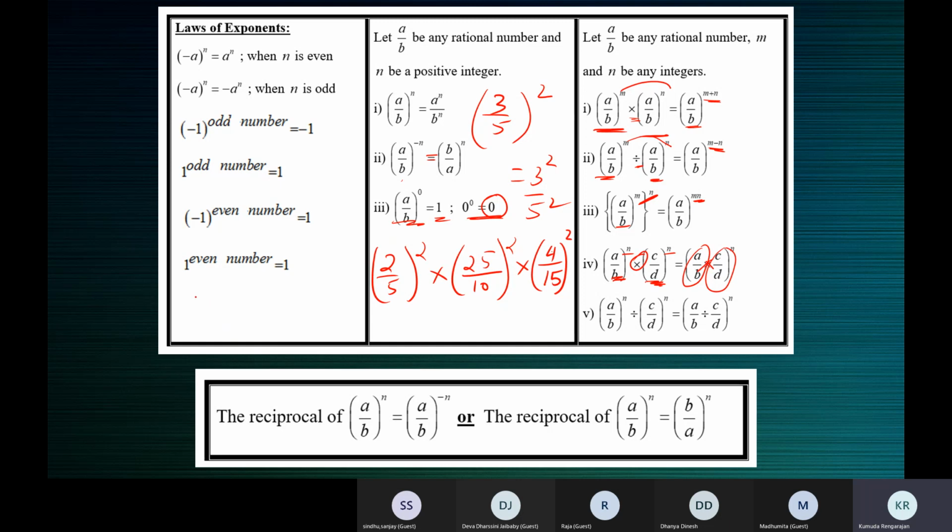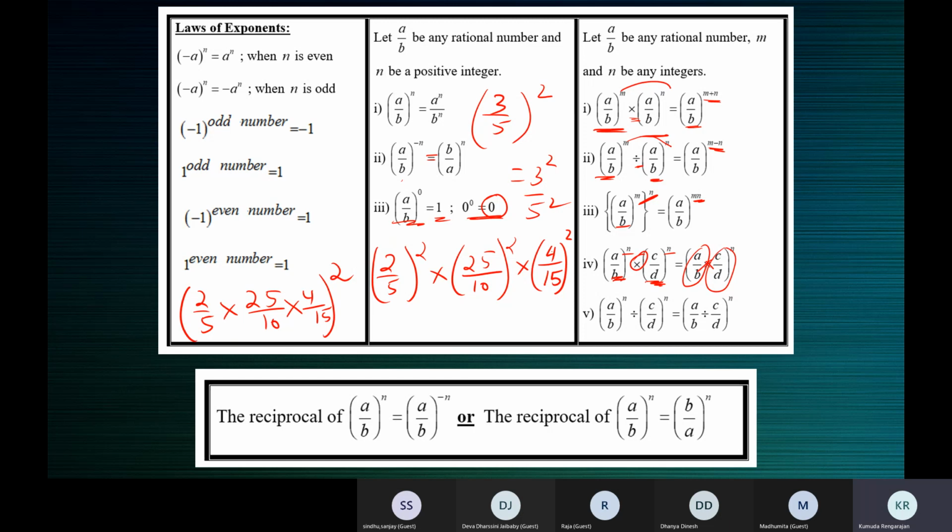So you can write all this in one bracket. The bases are different, so you can put everything in the same bracket: 2 by 5 into 25 by 10 into 4 by 15 all in one bracket, and raise it to the same power 2.